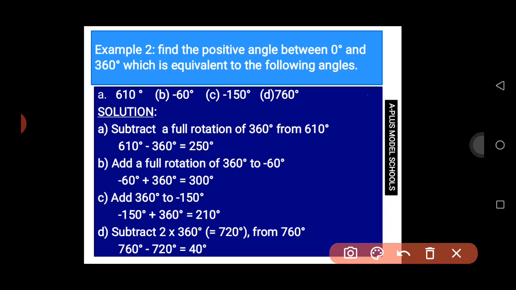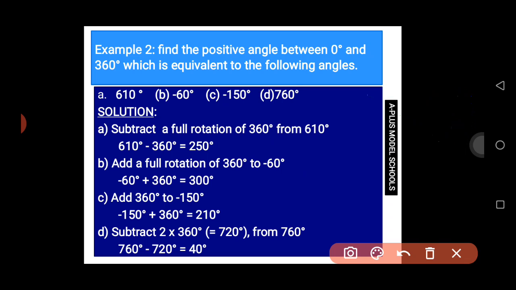But assuming the remaining angle is more than 360, you still subtract from 360 degrees. But once it is not up to that, then it means the positive angle that is equivalent to 610 degrees is 250 degrees. So you just subtract 360 from 610. It depends on the value you are given. Because I'm giving a positive number here and it's greater than 360, that's why I'm subtracting.